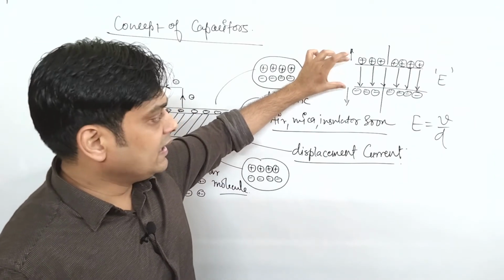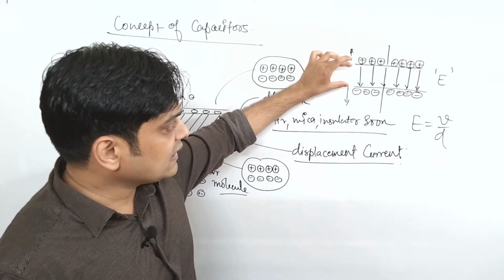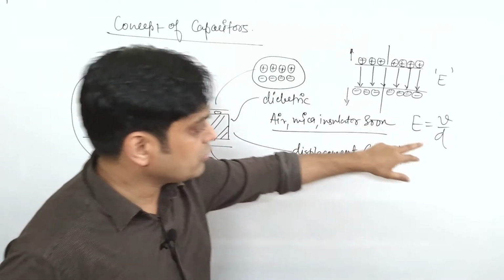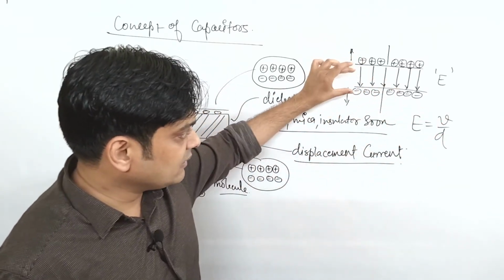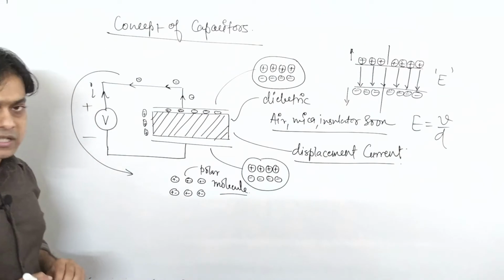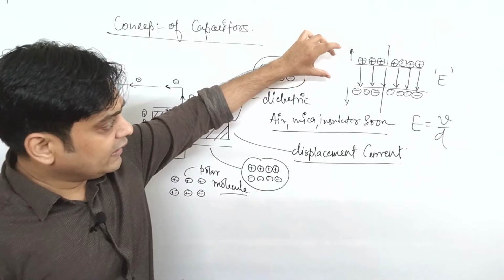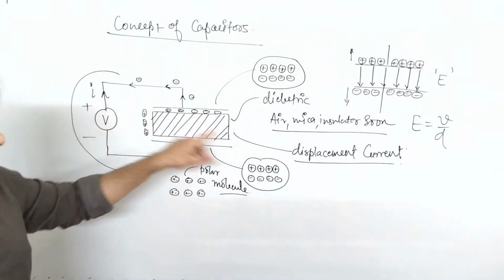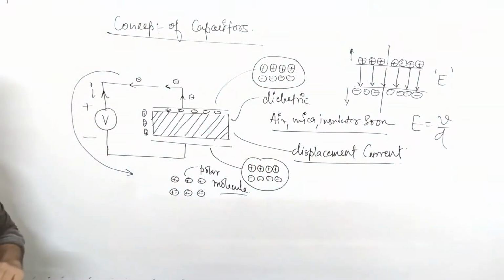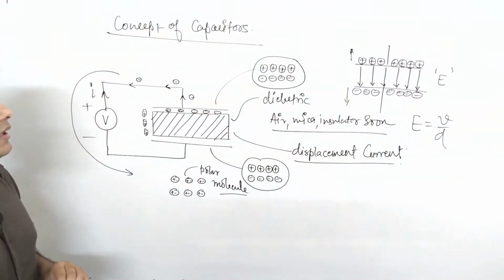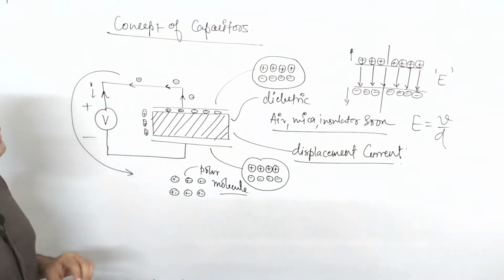So the electric field will definitely increase when the voltage is increased, or when the distance between the plates is decreased. Once the electric field results, some current will start flowing, and that current is known as displacement current, and in this way the capacitor starts working.